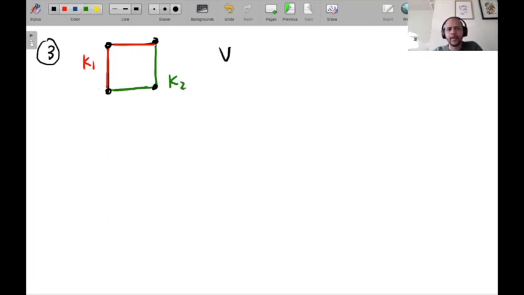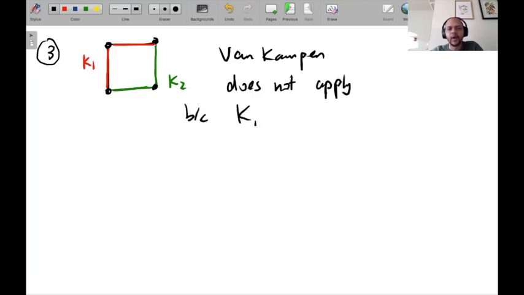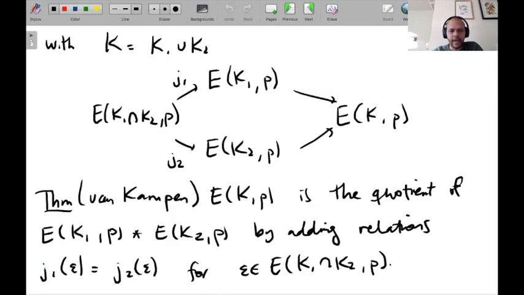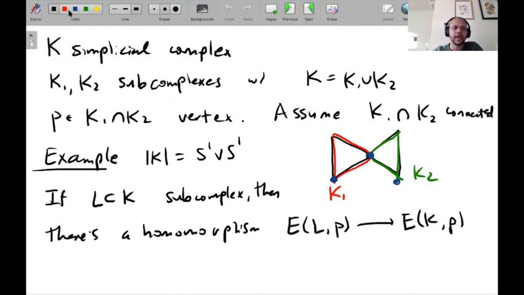So I just want to point out that Van Kampen does not apply because K1 intersect K2 is not connected. Okay, so I guess I didn't write that in the statement of the theorem, but that's part of the setup here. So in particular, we'll see once we prove the theorem that we're going to use that the intersection is connected in order to prove it.